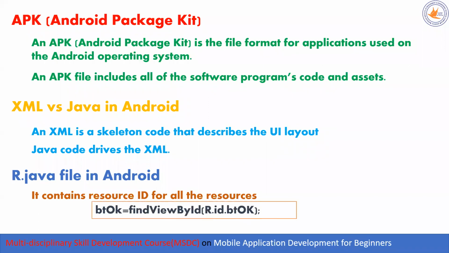For example, if you have some resource in XML which is named btok, we bind those resources with the help of one popular method, that is findViewById. R.id.btok says R is a file, id is an identifier, and btok means the name given to this identifier.